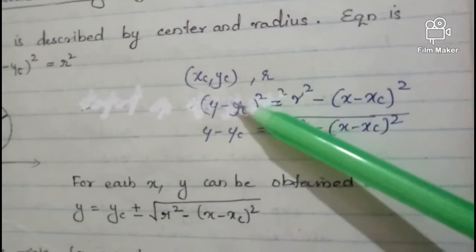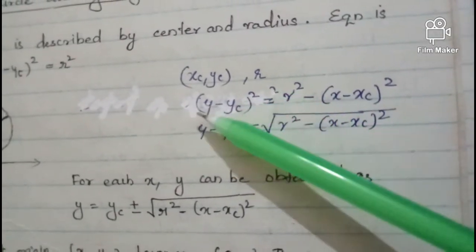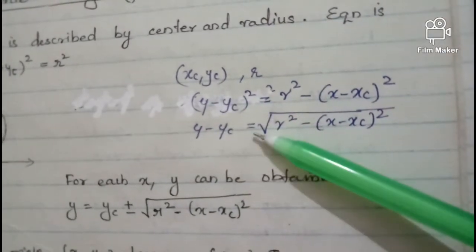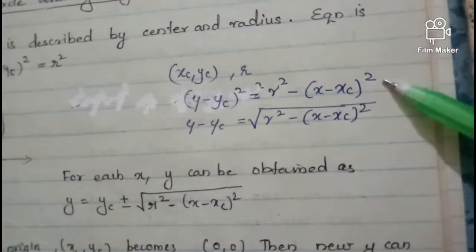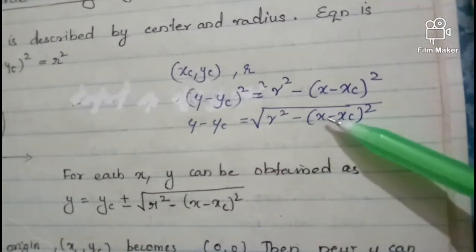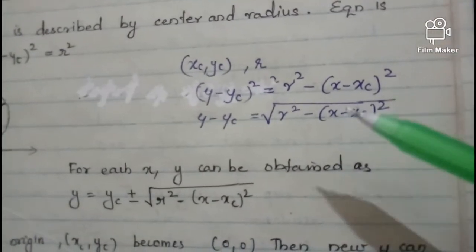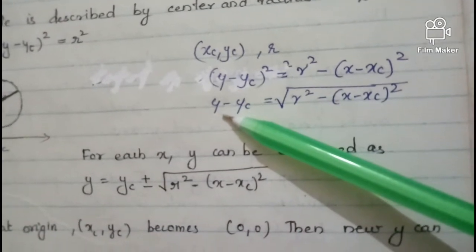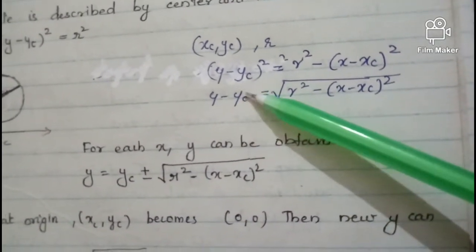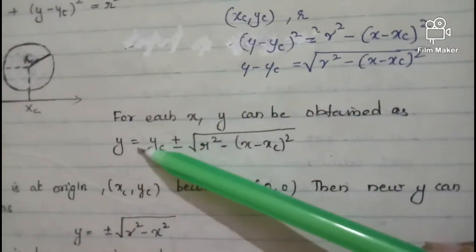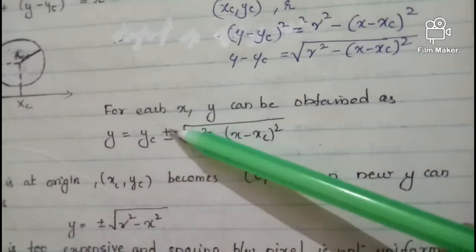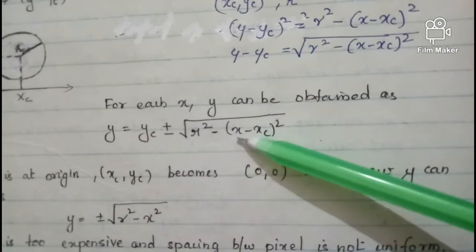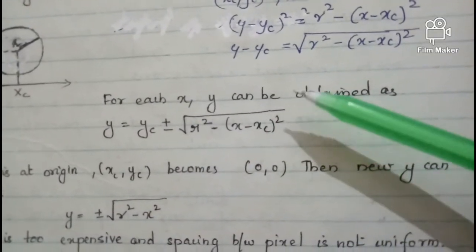Now removing the square, it will become y minus yc is equal to square root of r square minus x minus xc the whole square. From this, I am going to compute the value of y. Taking yc to the right hand side, it will become y is equal to yc plus or minus root of r square minus x minus xc the whole square.